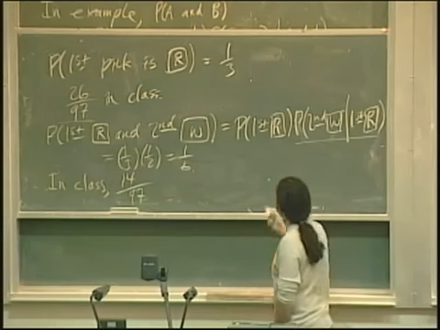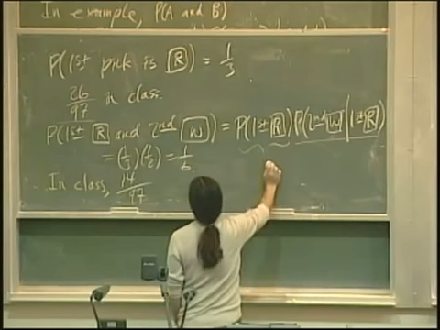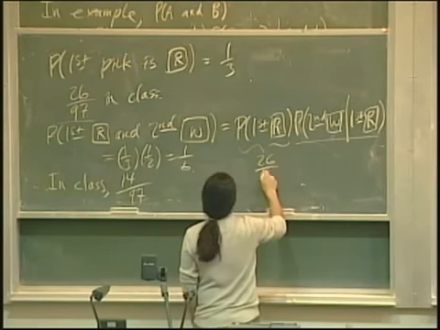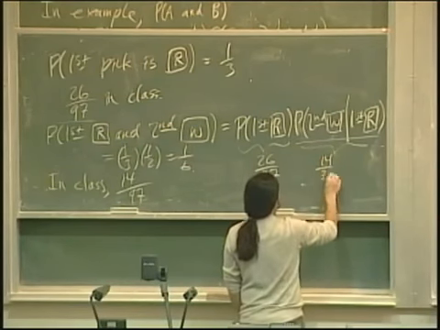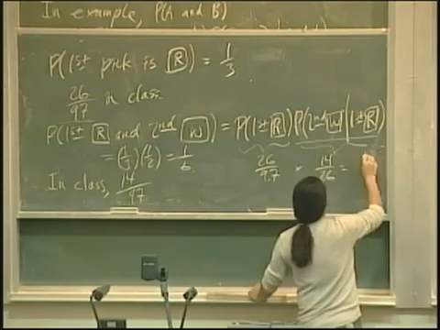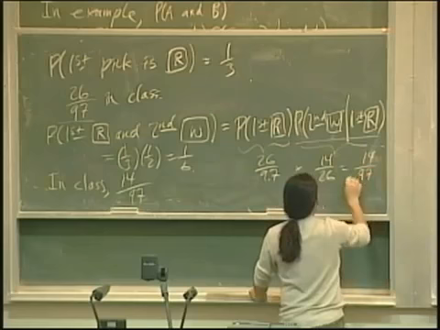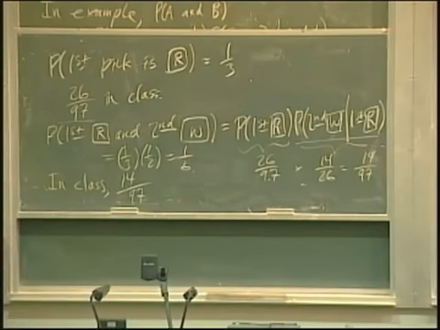So if you wanted to, you could think about this as first red is like 26 over 97. This is like 14 out of 26. Multiply them together, you get 14 out of 97, which is what that is. So you could think about it that way, just in terms of what happened in class.